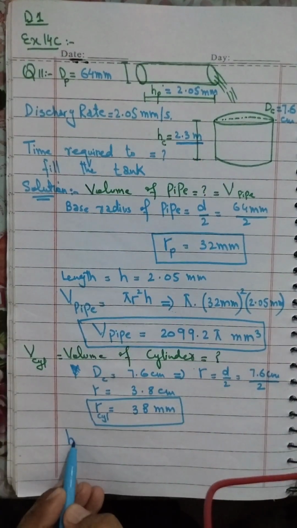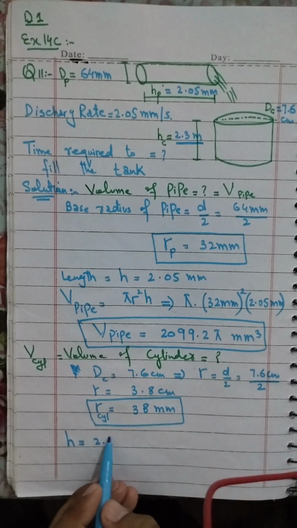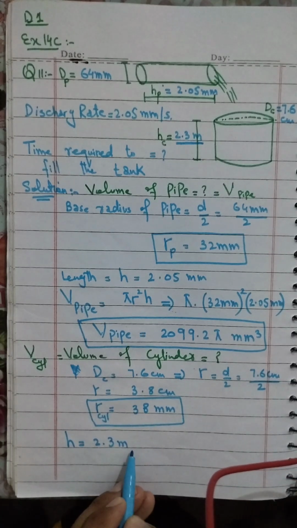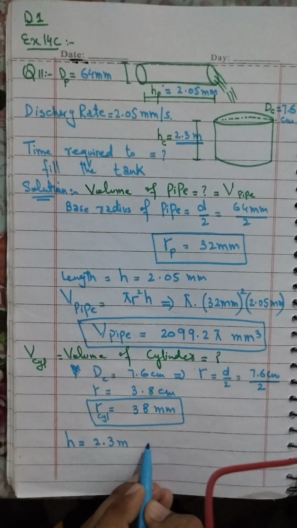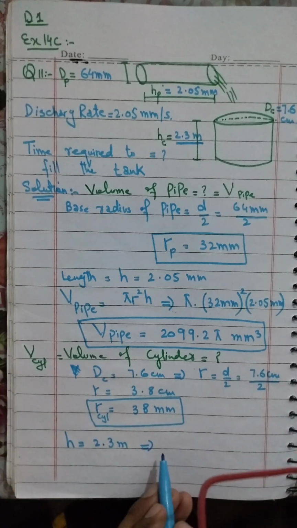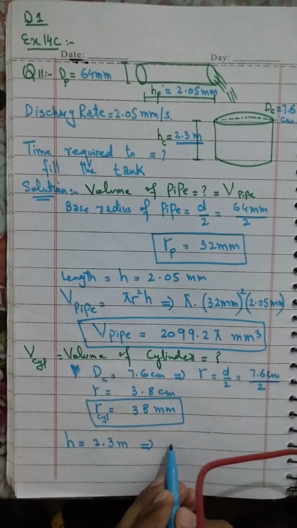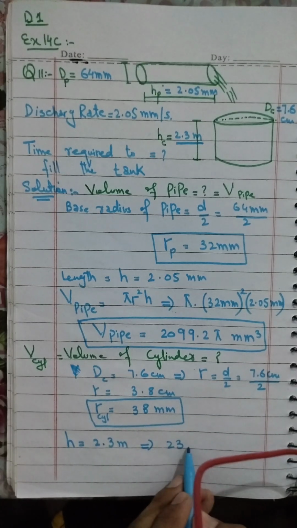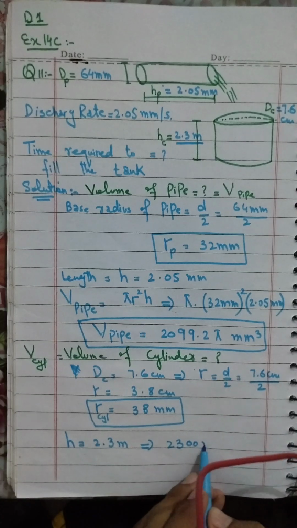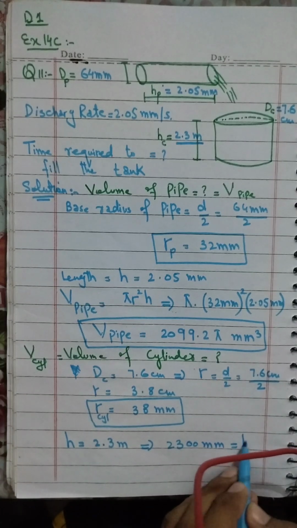Here we have to convert it into millimeters, so for that we have to multiply by 1000. It becomes 2300 mm. It is the height.